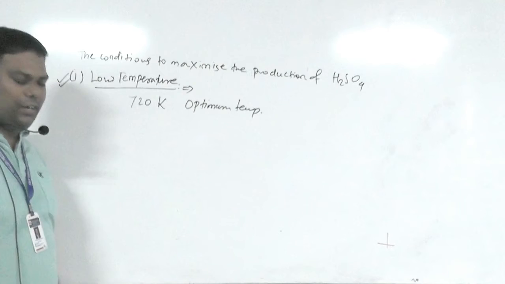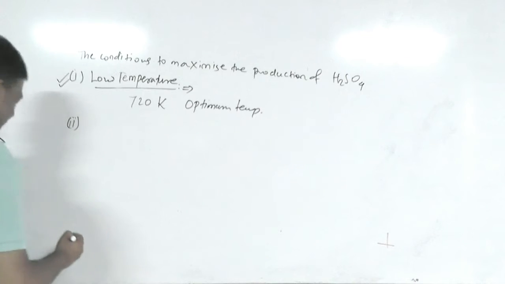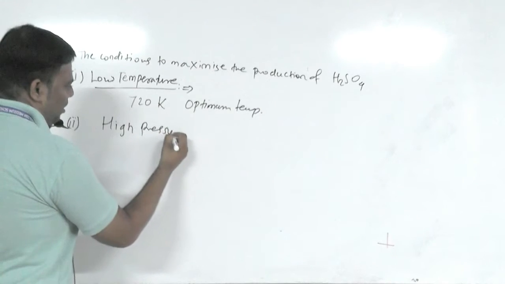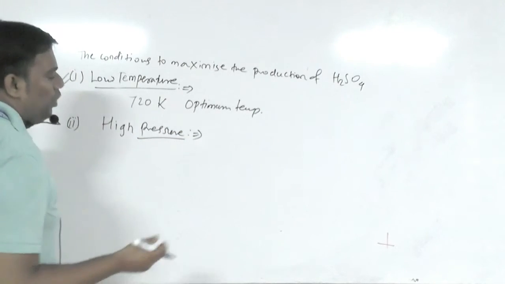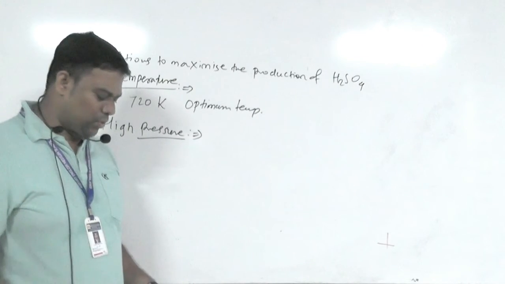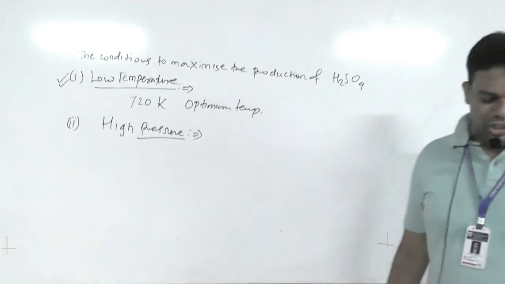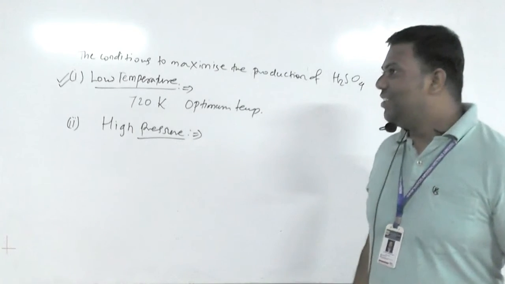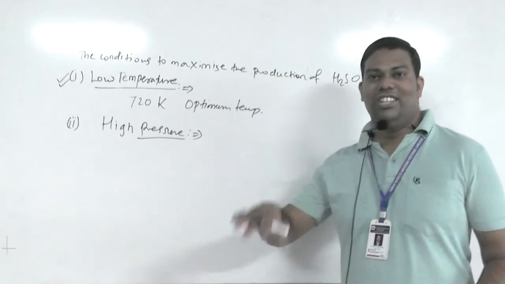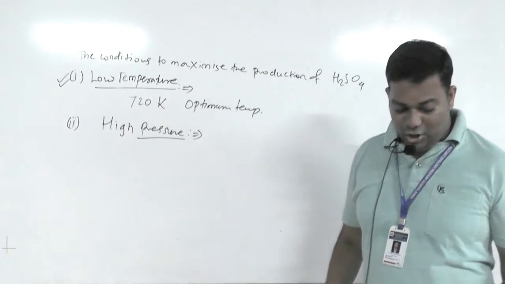Understood. Now, the second point is high pressure. Low temperature and high pressure maximize the yield of your concentrated H2SO4. High pressure should favor the oxidation of SO2, but a very high pressure may cause corrosion in the vessel in which oxidation is carried out.